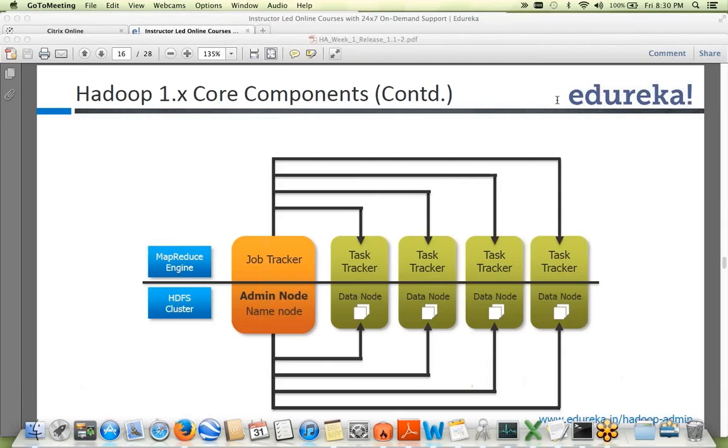Next question from Raghunath is, do we need to modify the name node hardware as we scale out the data nodes? So that's why I said that in a bigger deployment, it's always good to start with a higher end memory configuration for name node, because name node and job tracker are memory intensive nodes. They don't need any data storage on them, but they need a lot of memory.